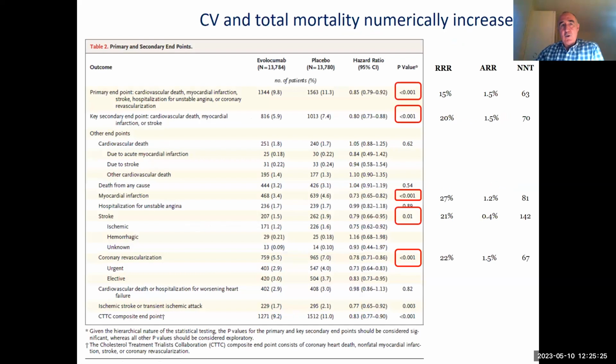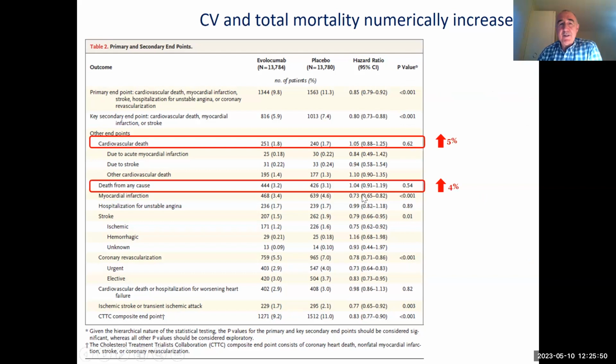And according to the New England publication, the evolocumab group experienced a 1.5% decrease in the primary endpoint. And so this was a positive result. But the thing is that cardiovascular death was increased, or numerically increased.